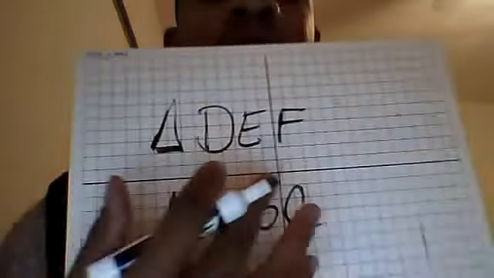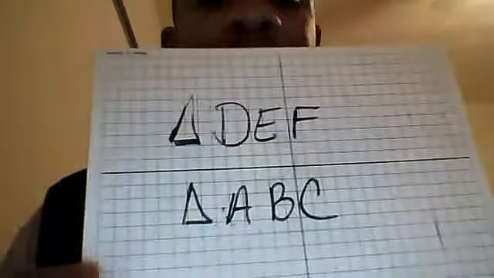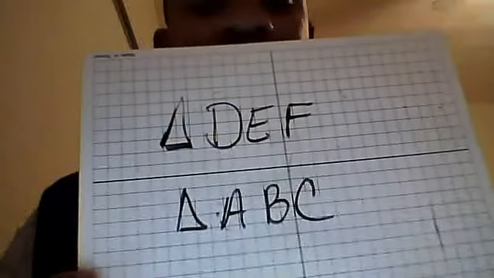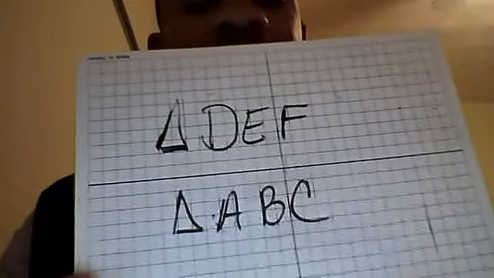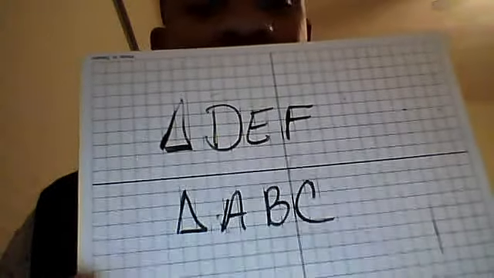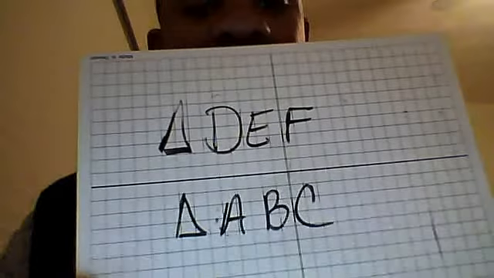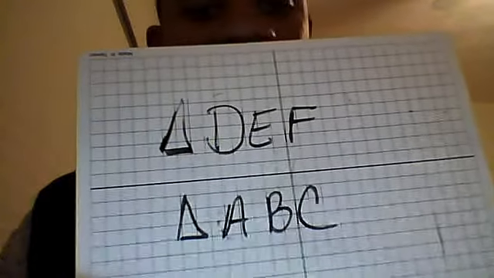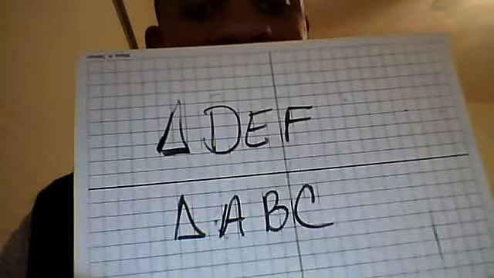Well, it goes in order. So side DE is corresponding with side AB, side EF is corresponding to side BC, and side DF is corresponding to side AC.